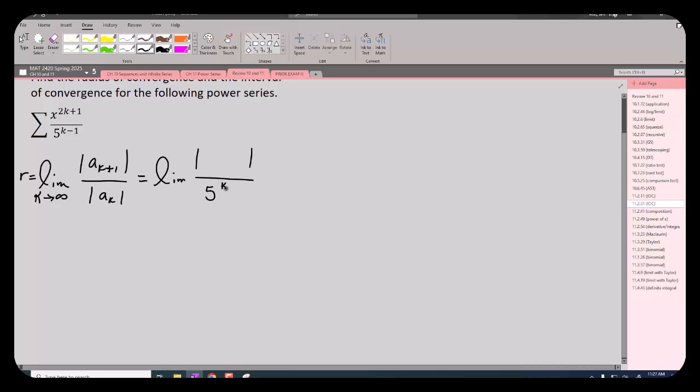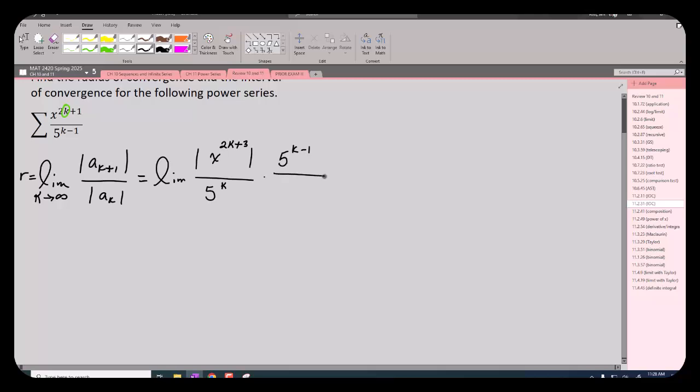Up here, be super careful. We're replacing that k with k plus 1. So that's going to be 2k plus 2 plus 1, which is 2k plus 3. So just be careful there. So that's x to the 2k plus 3. And then multiplying by the reciprocal of absolute a sub k, we're going to end up with a 5 to the k minus 1 up there.